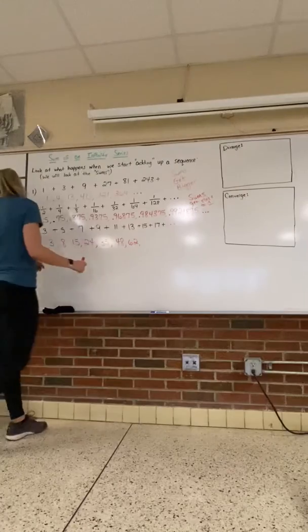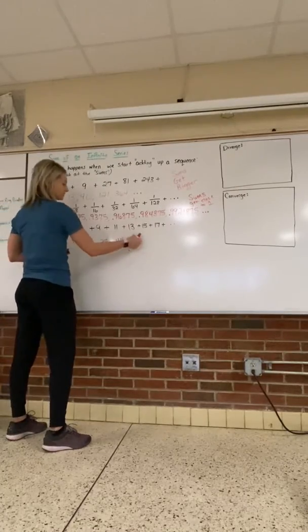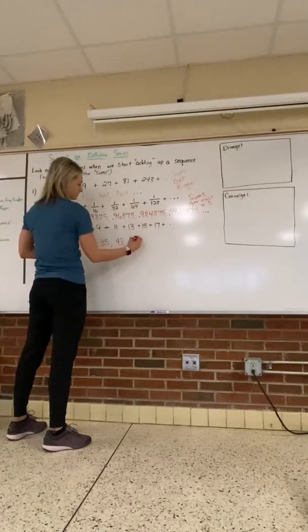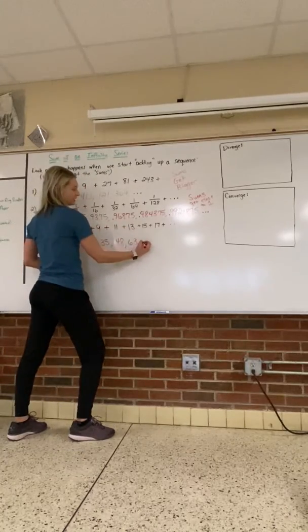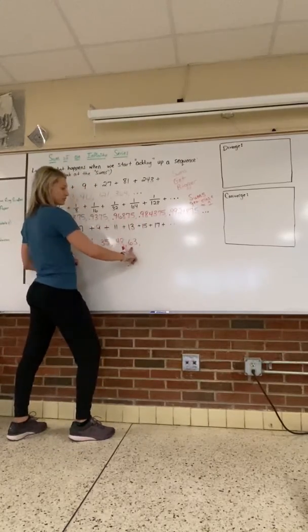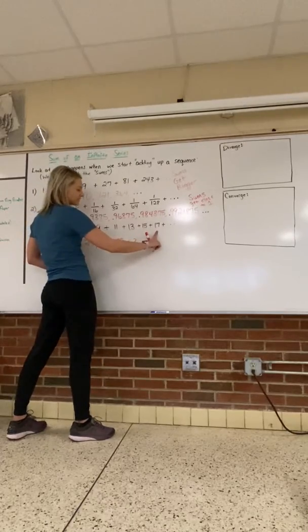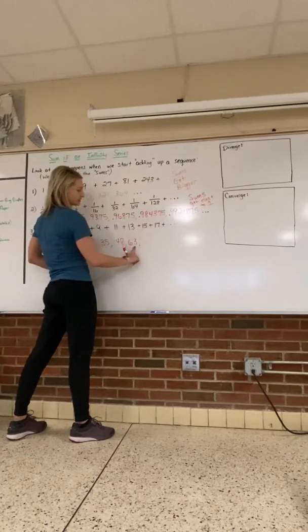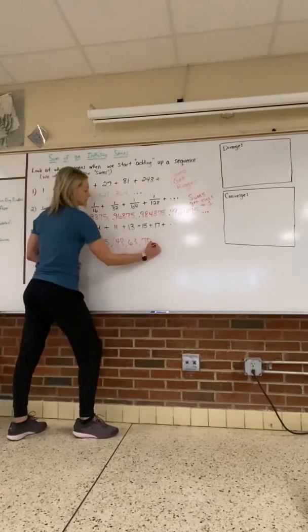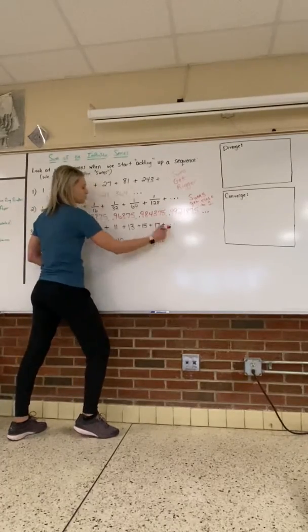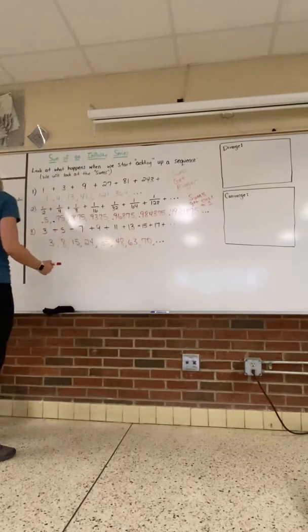Oh, I was 1 off. Let me make sure, yep, 63. I don't know where I got off with that one. And then if I take 63, and I add 17 into the mix, so that would be 80. And so then you could, again, keep going as long as you extended the sequence.